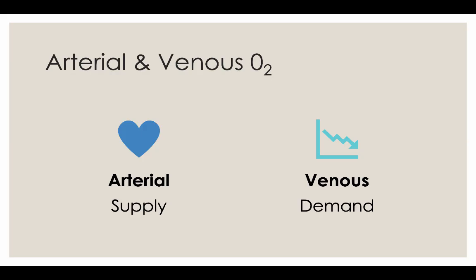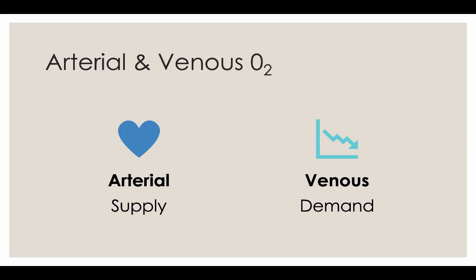Another way to think of these, SaO2 and SvO2: on the arterial side, that's our oxygen supply. And our SvO2 on our venous side, that is our oxygen demand. So we've got some sort of supply, some sort of oxygen coming in, and what are our cells demanding, and what are they using?